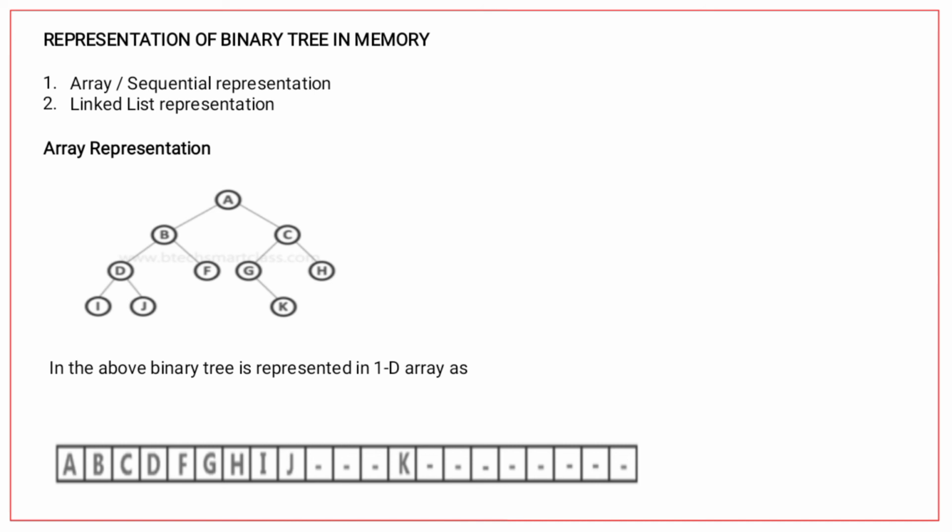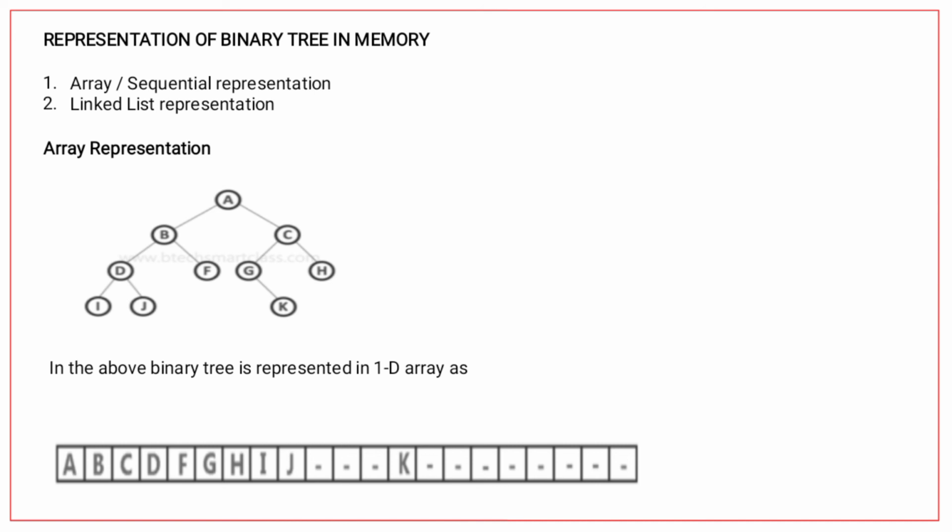Now consider a binary tree. The above binary tree is represented in a 1D array. To represent a binary tree of depth n using array representation, we need a one-dimensional array with a maximum size of 2 to the power (n+1) minus 1.